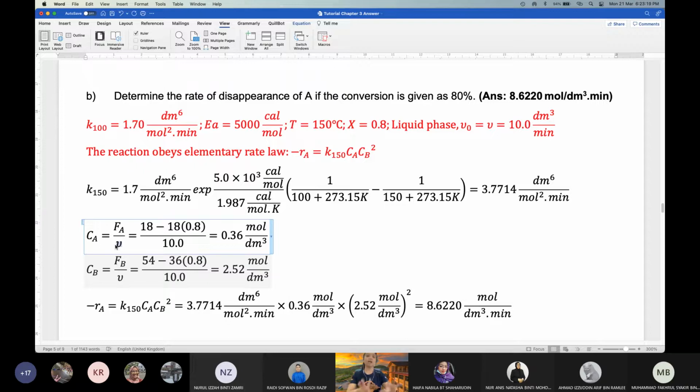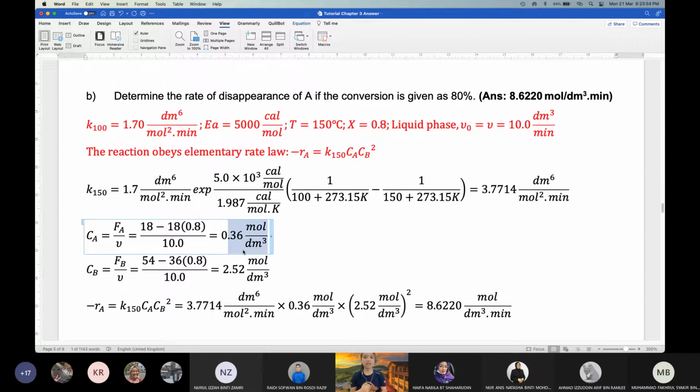Means kalau you pump in 100 liter per minute of liquid, yang keluar pun masih 100 liter per minute of liquid. Only for liquid sahaja dia sama. Kalau gas dah tak sama, so part gas tu kamu kena ingat dia dah tak sama inlet outlet. Tapi kalau liquid dia sama. Okay, so that's why we can replace the outlet volumetric flow rate as 10. Okay, so kita dah ganti dengan 10, we ganti the X, you get your CA as 0.36.